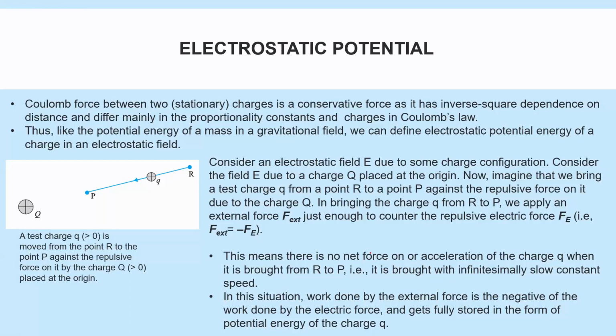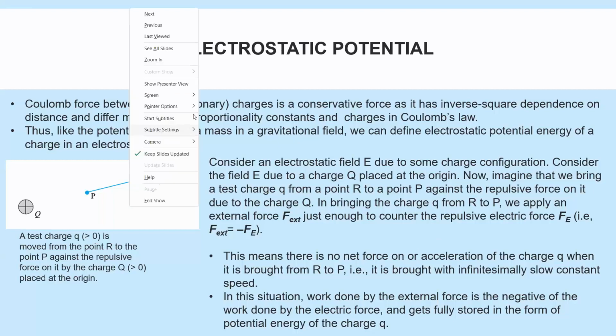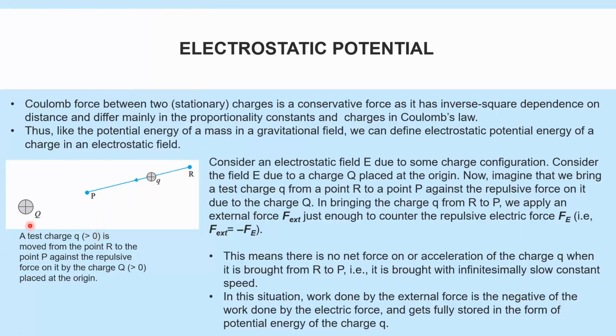Suppose we are considering a positive test charge being moved from point R to point P. There is another positive charge, and suppose this is the origin. We are bringing this test charge from point R to point P in the electrostatic field due to the charge capital Q, which is placed at the origin.